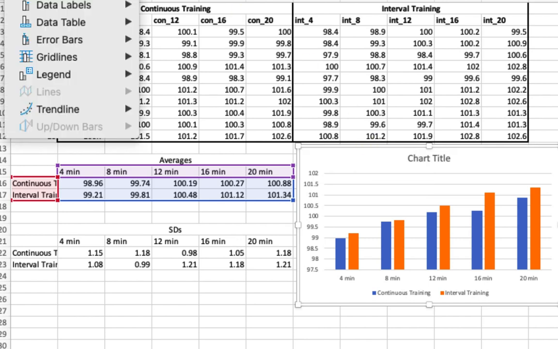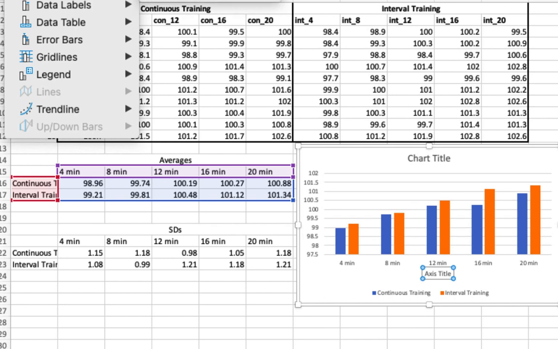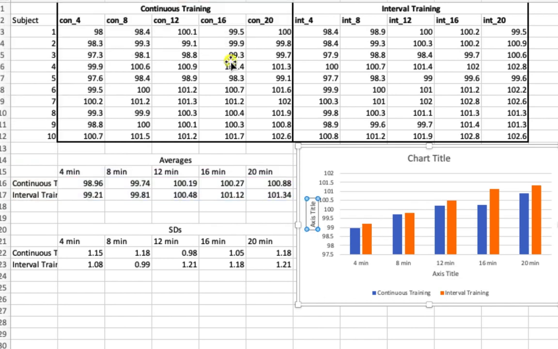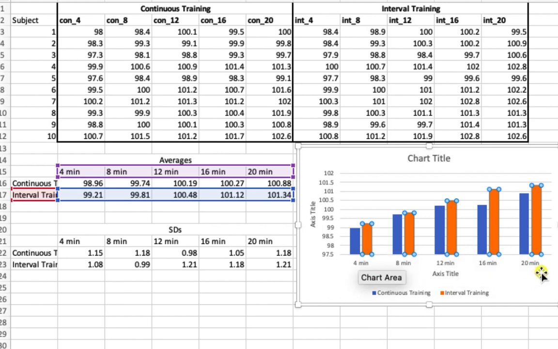Now, my axis titles. Okay, this one is going to be time points, and I specified in the instructions that I wanted the difference between the means for our training programs within each time point. So the within portion is going to be what your x-axis is.